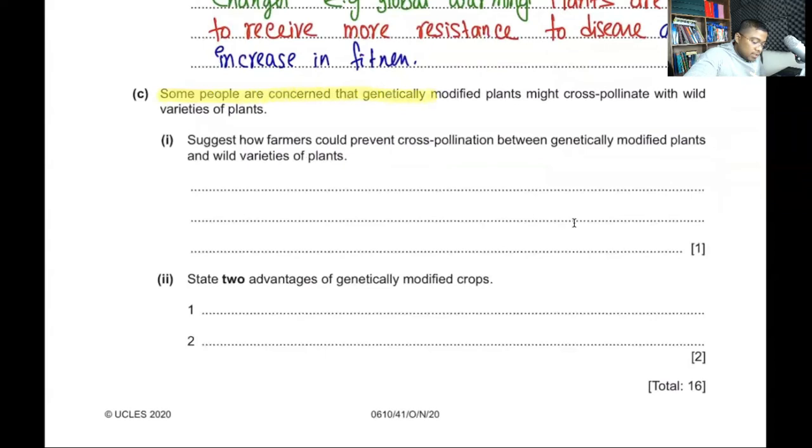Some people are concerned that genetically modified plants might cross-pollinate with wild varieties of plants. Suggest how farmers could prevent cross-pollination between genetically modified plants and wild varieties of plants.